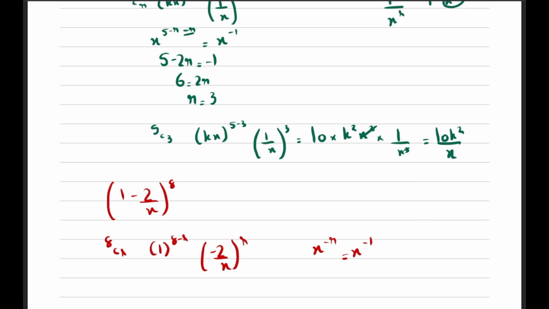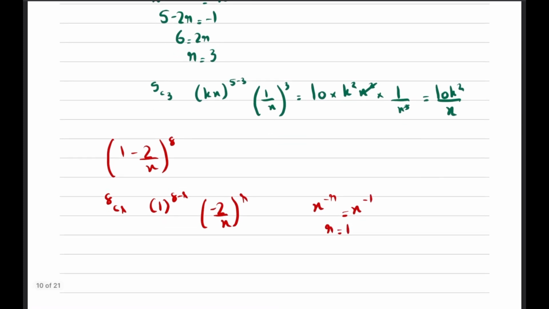And what's required to you? Minus 1. So can I say that r is equal to 1? 8C1, 1 to the power 8 minus 1, minus 2 upon x power 1. What's 8C1? 8 into 1 into minus 2 upon x. That's what, bache, minus 16 upon x.